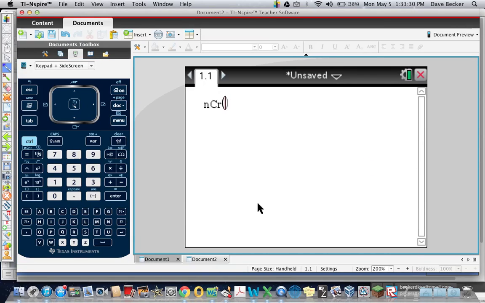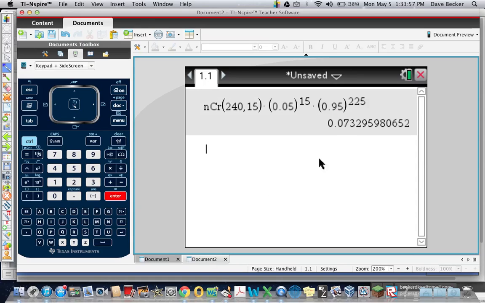So it was 240 choose 15, times 0.05 to the 15th, times 0.95 to the 225. And there you go, 0.073.